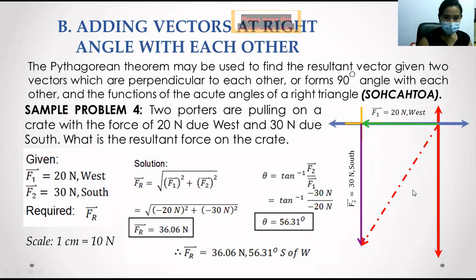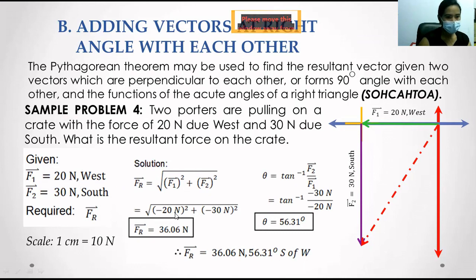So the hypotenuse F sub r will be equal to the square root of F sub 1 squared plus F sub 2 squared. Okay, substitute the values. That's the square root of, with the western direction, F1 takes a negative sign.